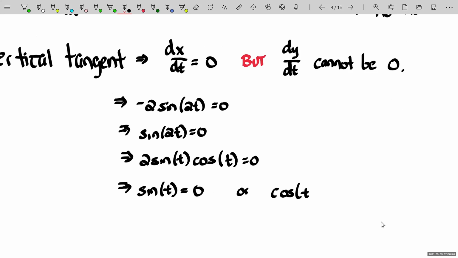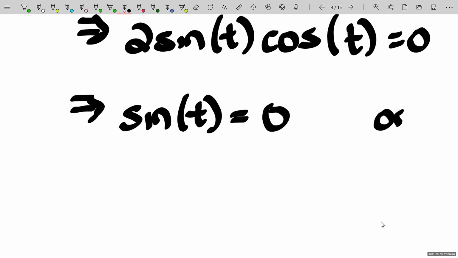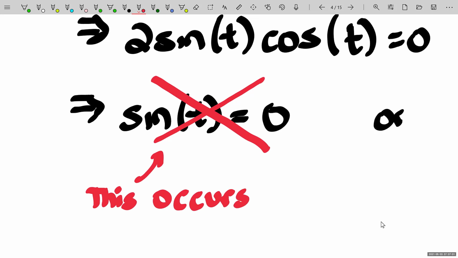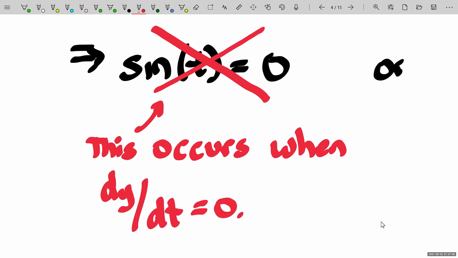Here's the problem. We can't include the pieces where sine of t is 0 because that's where dy/dt is also 0. So I'm going to cross that out and point an arrow out. This occurs when dy/dt is also equal to 0, and we don't want that to happen, so we have to throw those out.